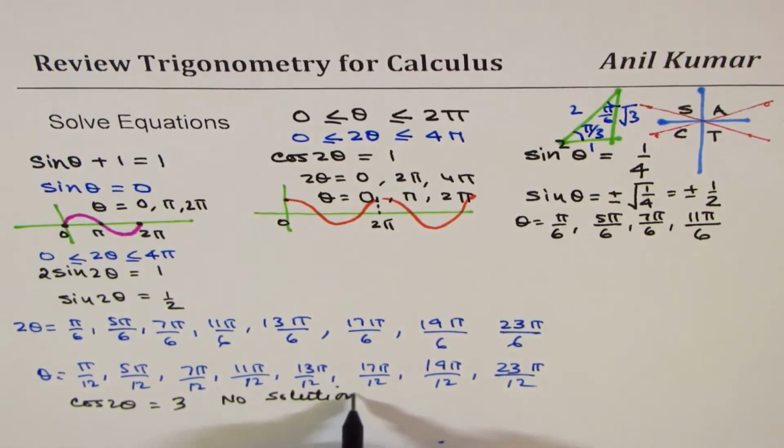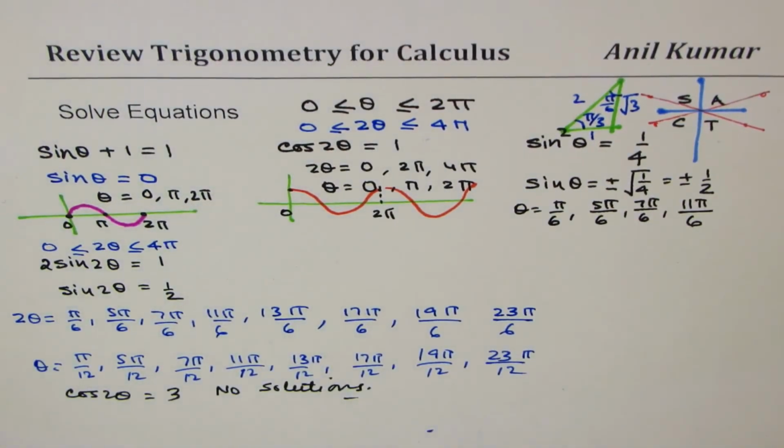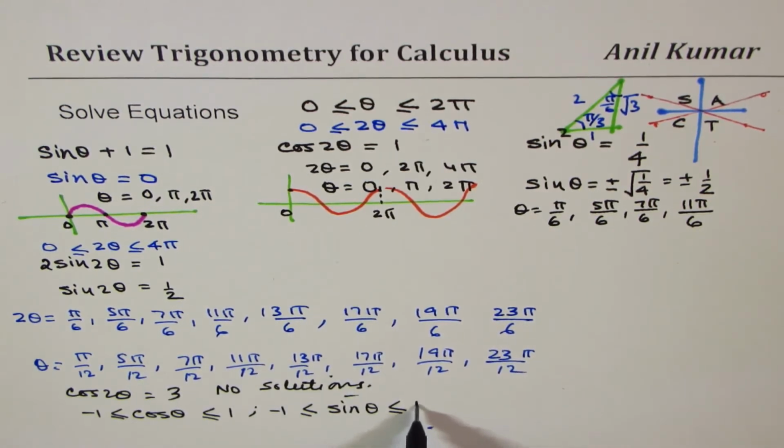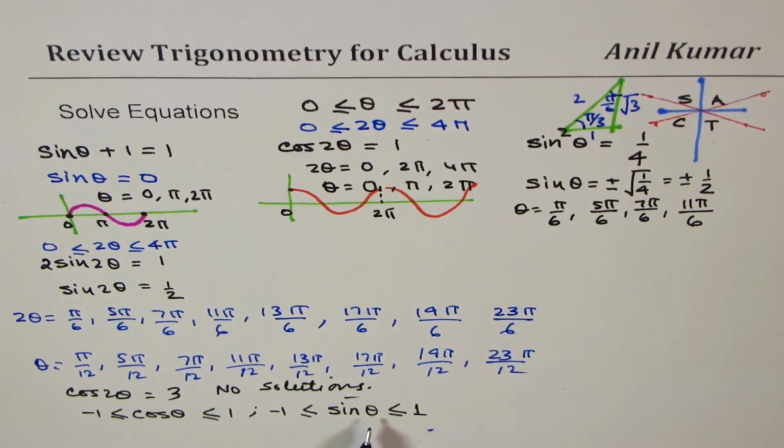So at times for equations, we see that cos 2 theta equals 3 has no solution. And now you understand that the range for cos theta is between plus and minus 1. And similarly, sin theta value also varies between plus and minus 1, correct? So those are the limits for these functions. It is always less than or equal to an absolute value of 1.